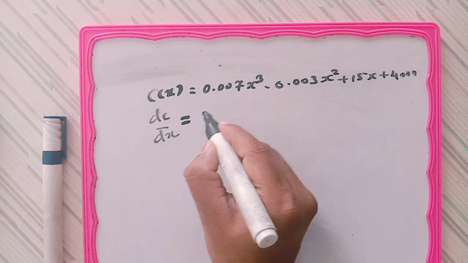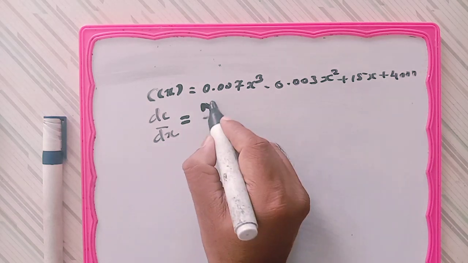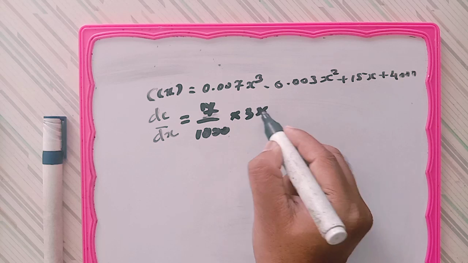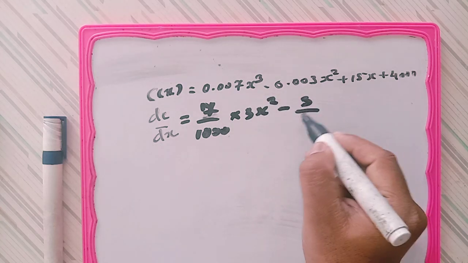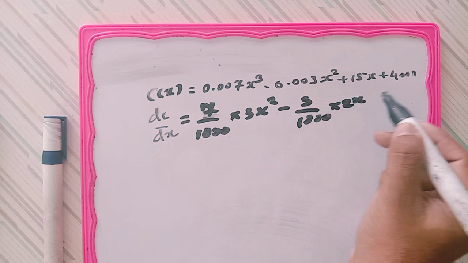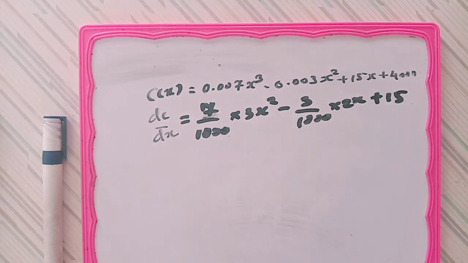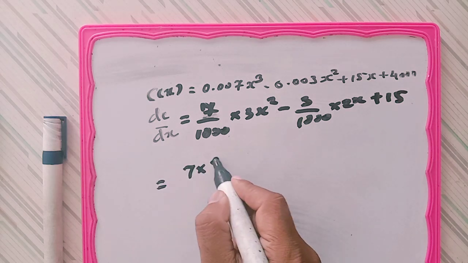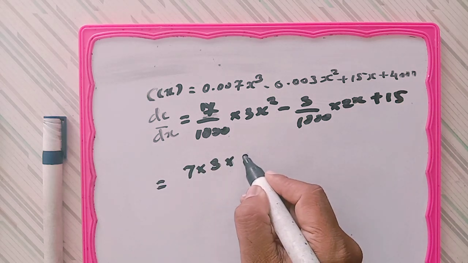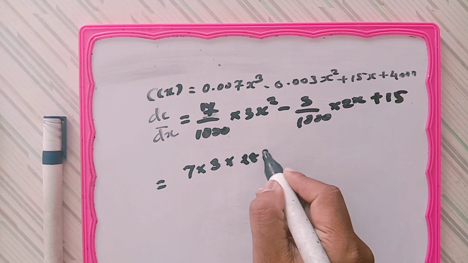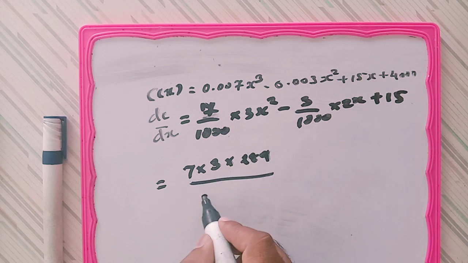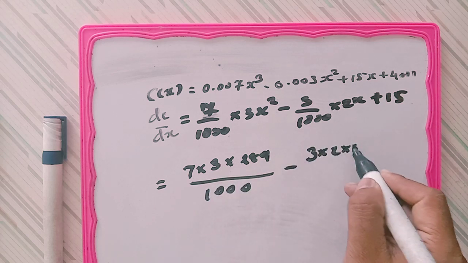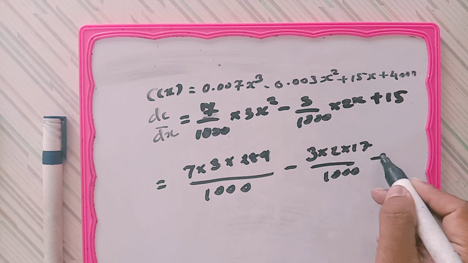then we get 7/1000 into 3x squared minus 3/1000 into 2x plus 15. So the x value is given as 17, that we substitute, and 7 into 3 into 17 squared, 289, by 1000 minus 3 into 2 into 17 by 1000 plus 15.